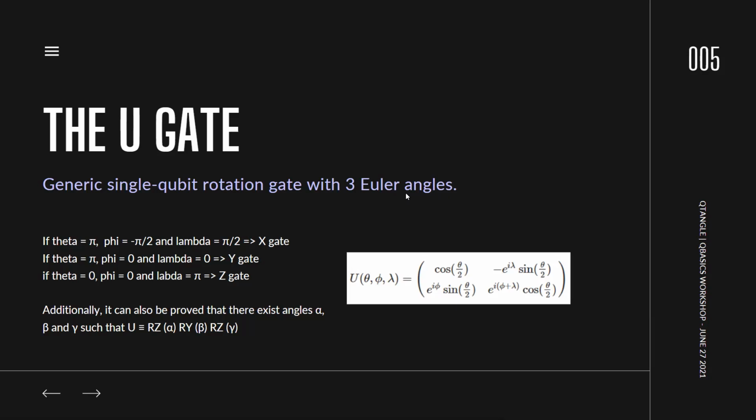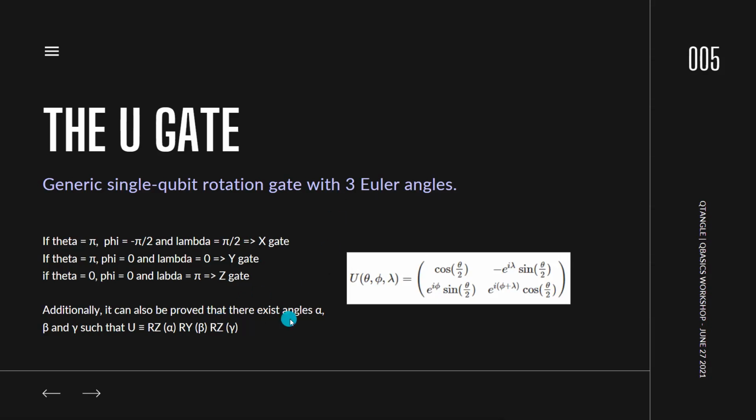While Rx, Ry, and Rz gates give you specific rotation along those axes, a U gate will give you any arbitrary rotation along any axes. So you can have multiple axis rotations together. That's why it's powerful. You can use it when you have a very specific application, and it is very good in that case.